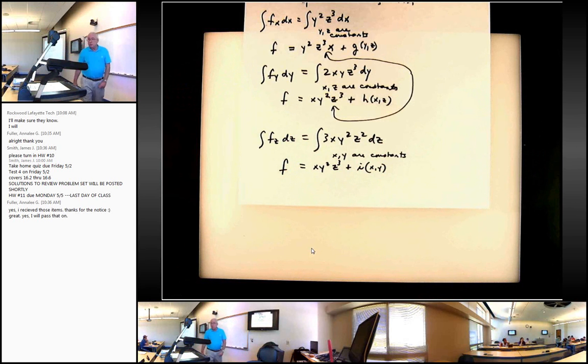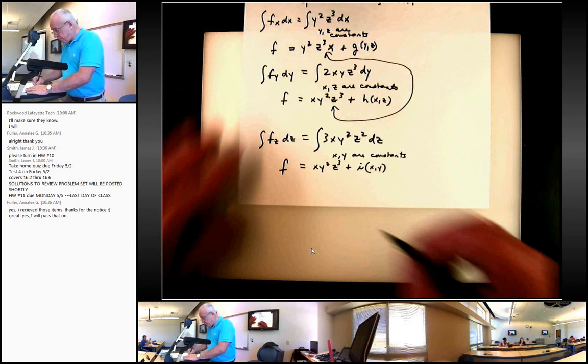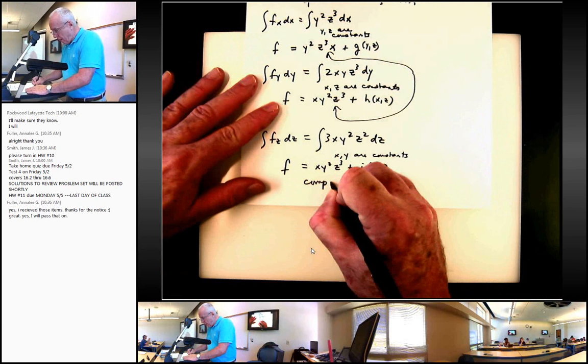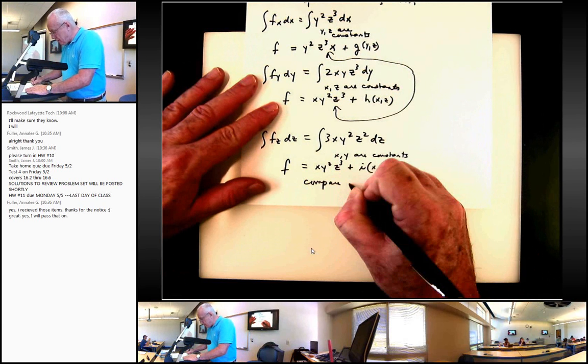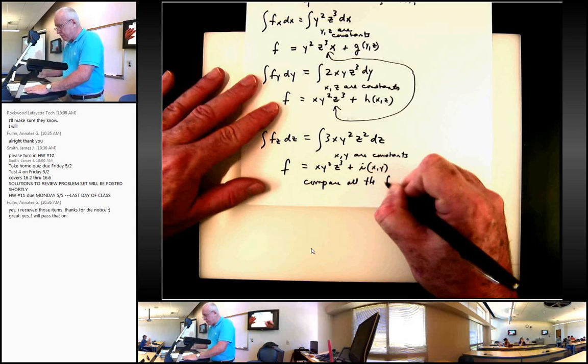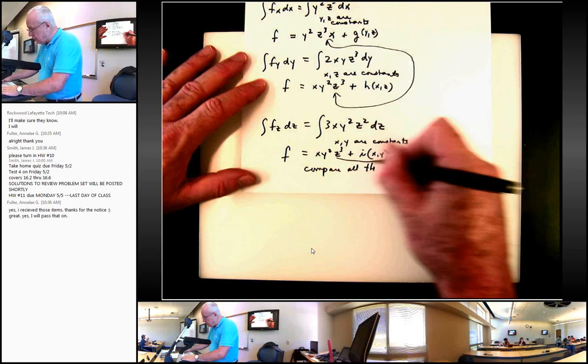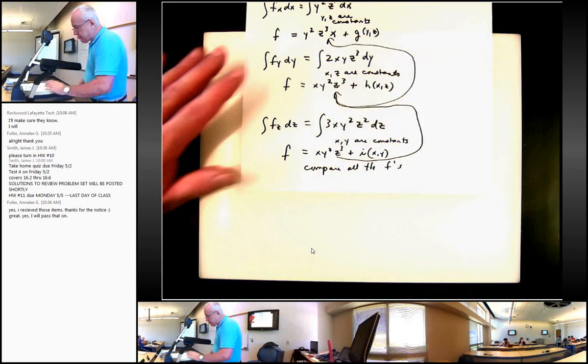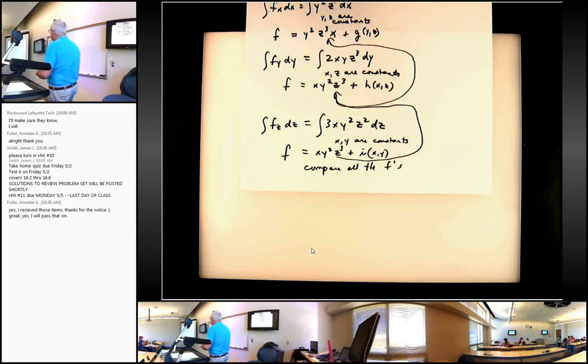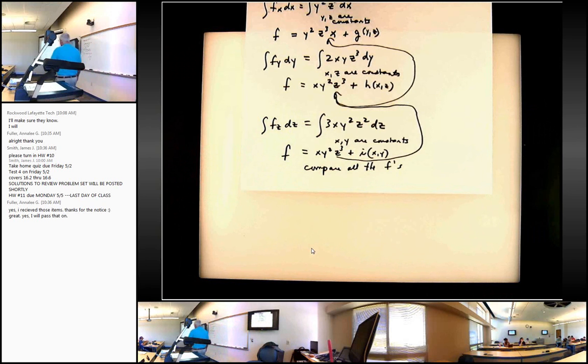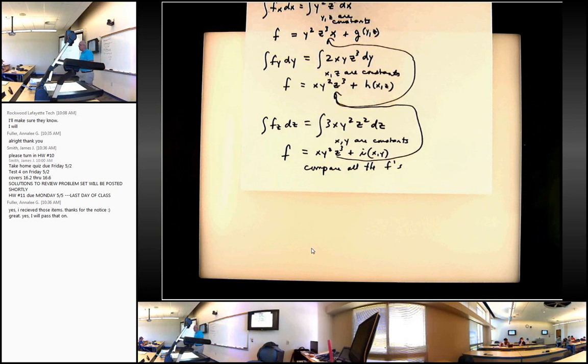Now what we do is, once we've done that, we compare all the little f's, all right? And we see that all of our little f's have that same component, xy squared z to the third, in all three of them, plus we have these possible other things.